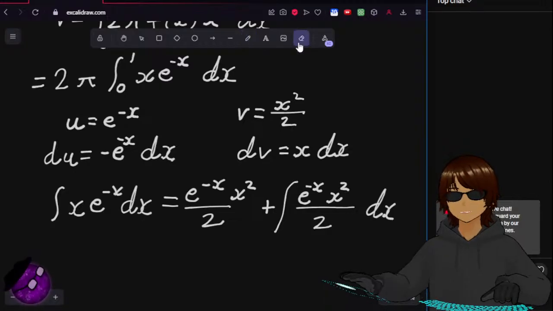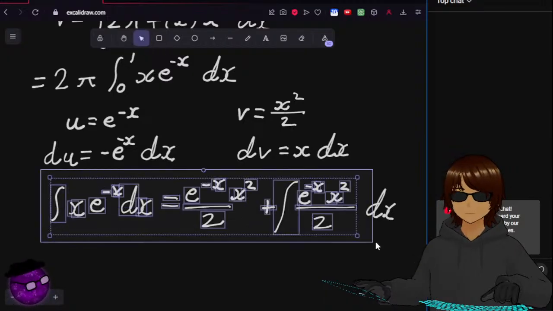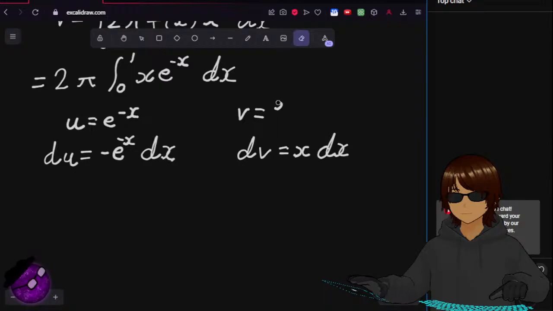Okay, how about this? E minus e to the power of x.